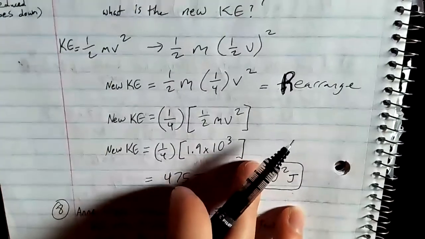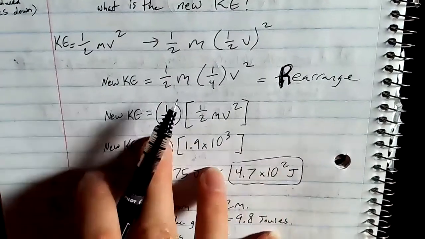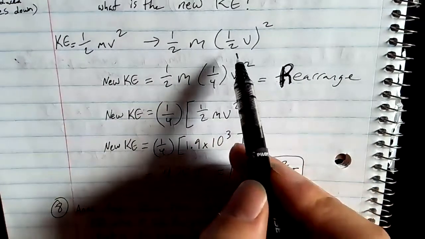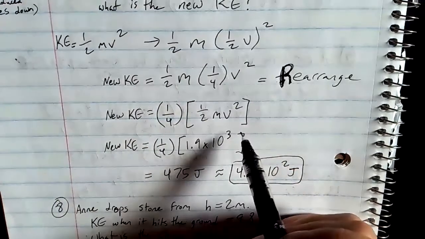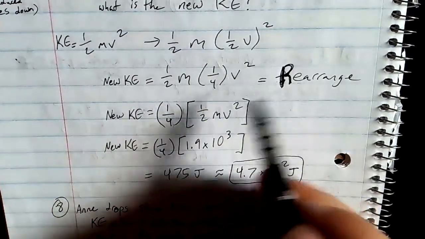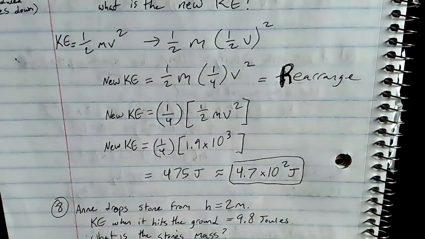So the one way I like to do this is to just calculate it out for the new V and then look at the old equation to see how it actually changed.